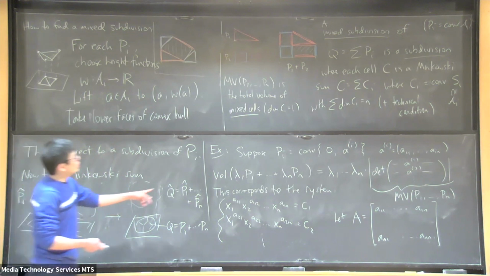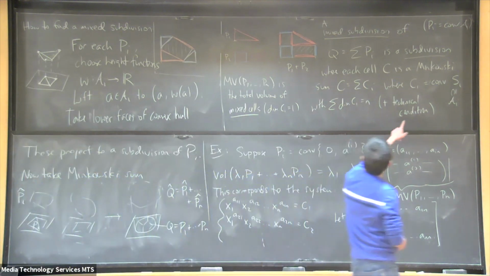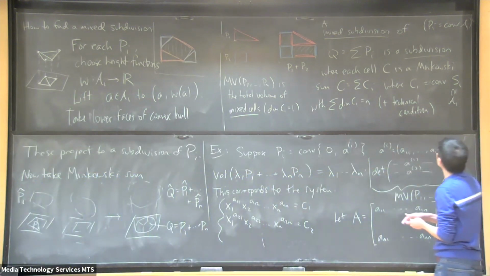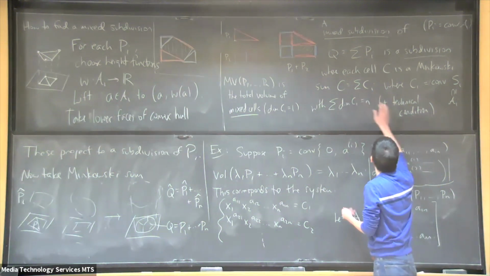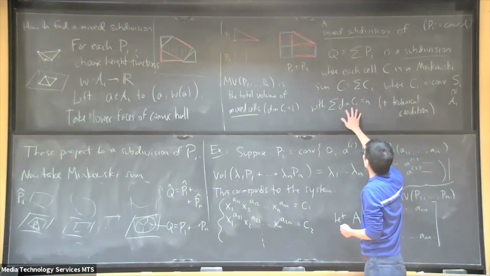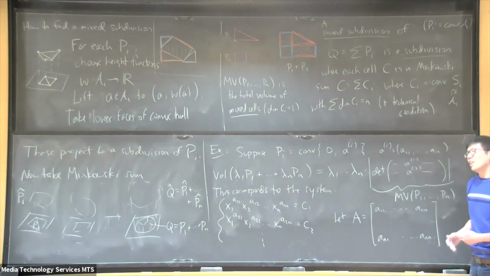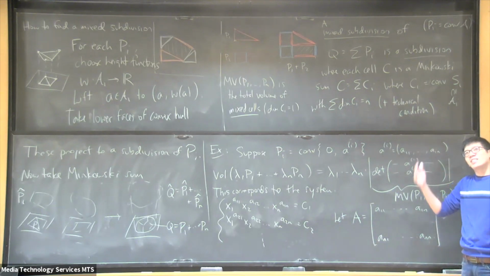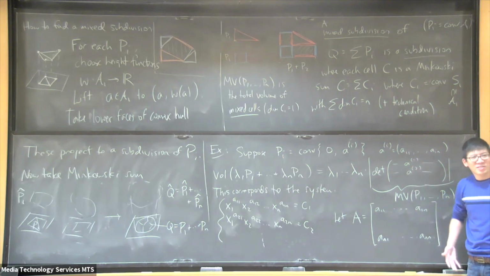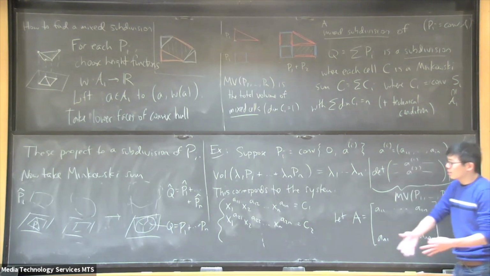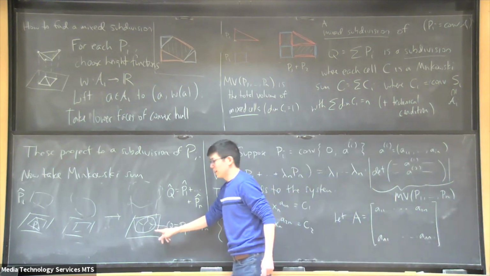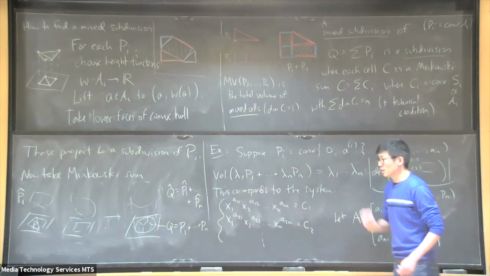One has to be a little bit careful because a mixed subdivision not only has this condition of each cell being a Minkowski sum, but also a condition about the sum of the dimensions and another technical condition. But it turns out that if you choose the heights basically at random, for generic choices of heights, then the subdivision that you get will be a nice mixed subdivision.